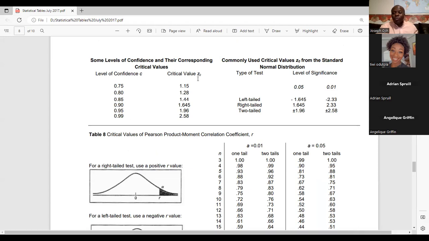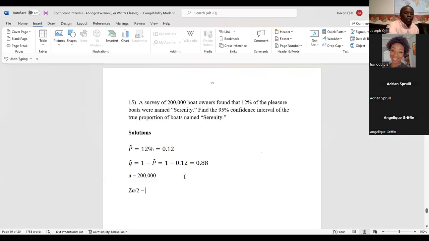I use Z alpha over 2 just to show you that it's on two sides, left side, right side. But they use ZC. For 95% it is 1.96. Remember, if it is not given, you estimate it, as I showed you in my previous example.